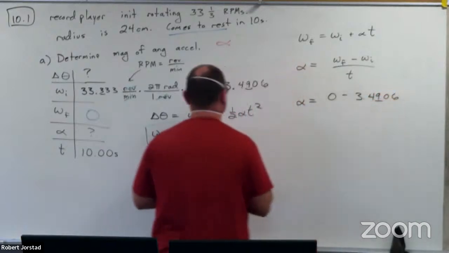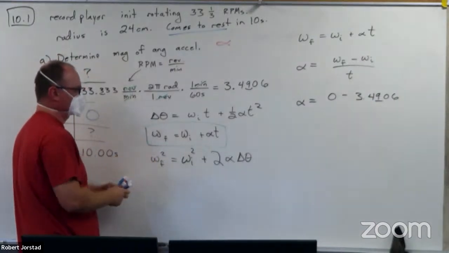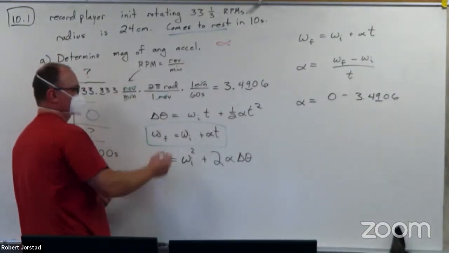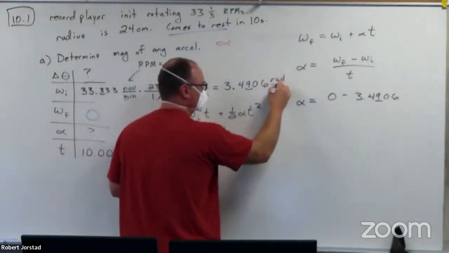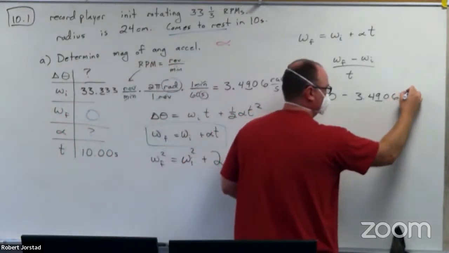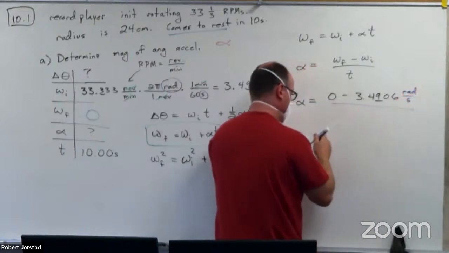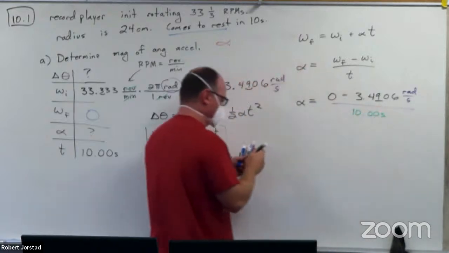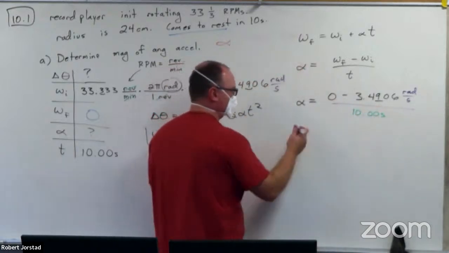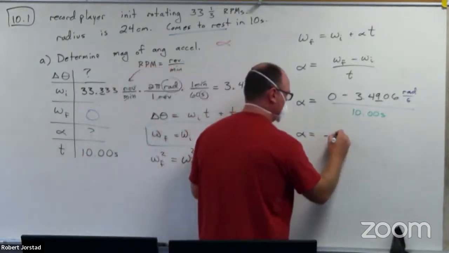Oh, shoot. I forgot to write the units on this one. Sorry about that. What do you get for alpha? You shift the decimal place, right? -0.349.